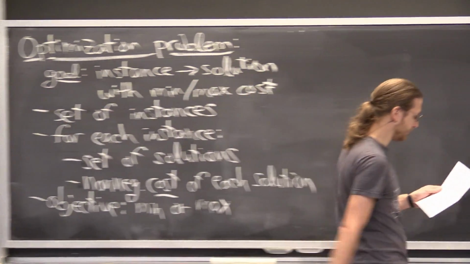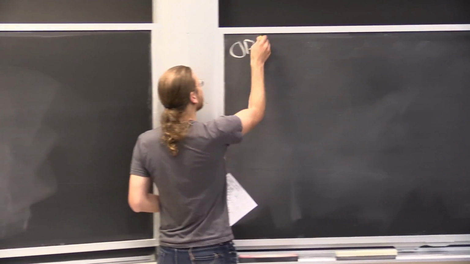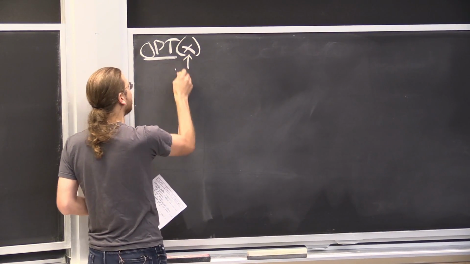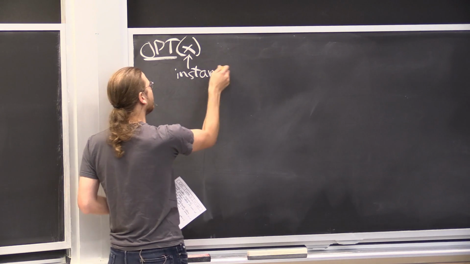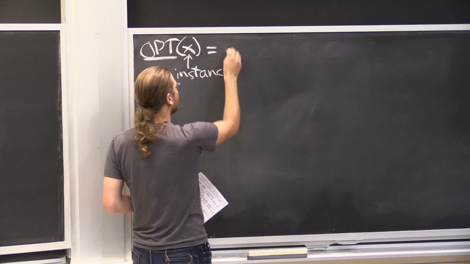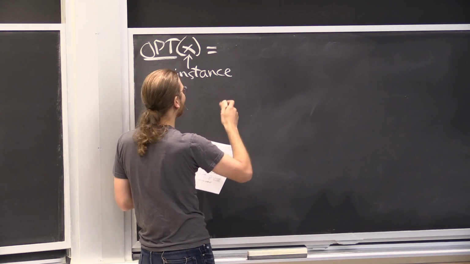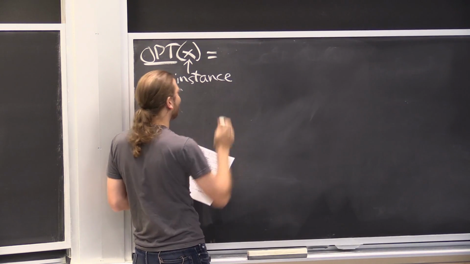But let me start with some useful notation, which is opt of x, where x is an instance. This is going to be two things. No, the definition should be unambiguous.